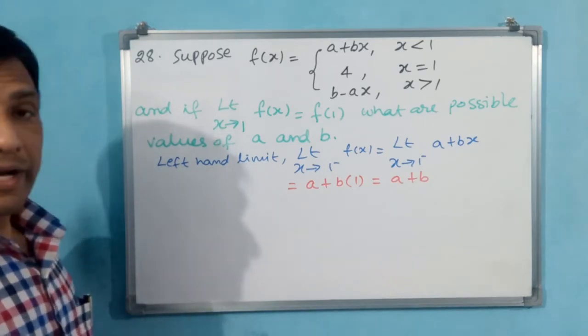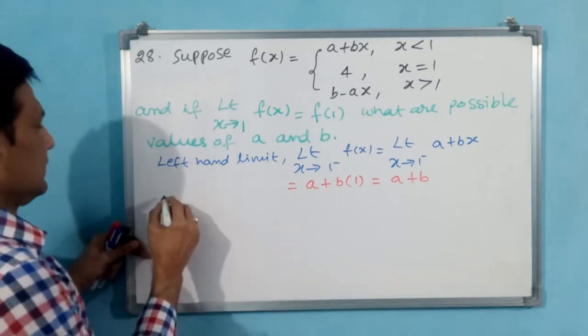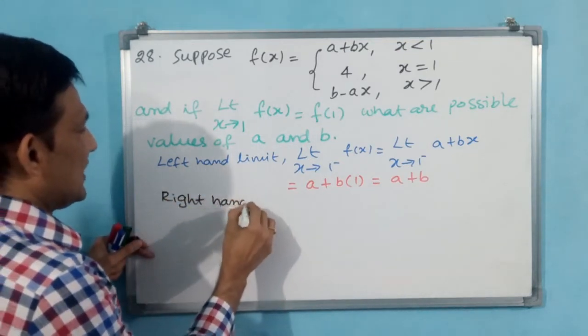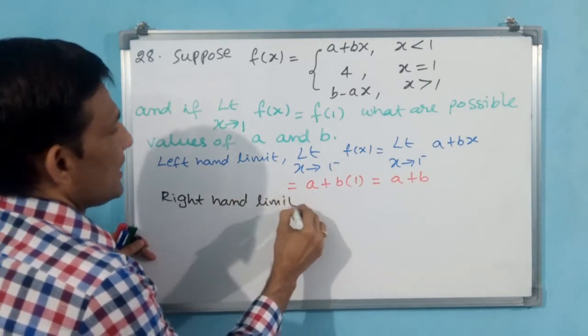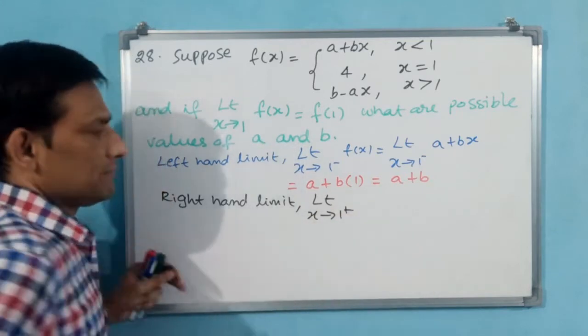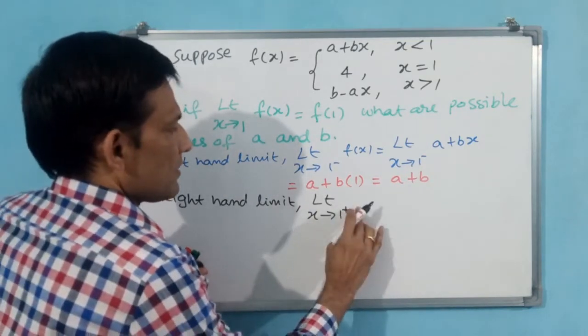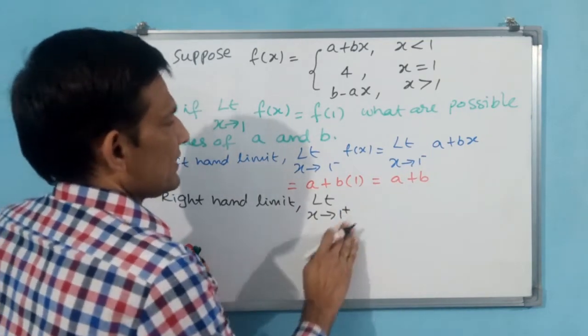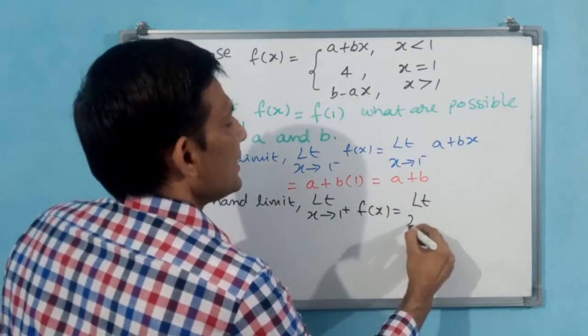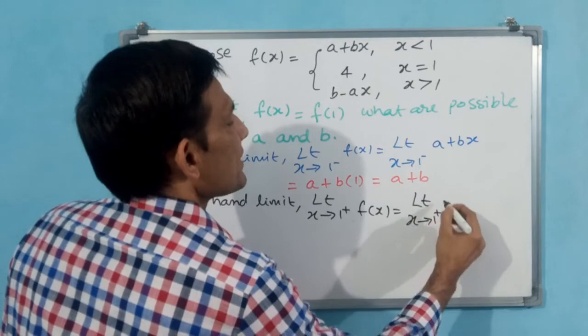Next, right hand limit also you find. Right hand limit, limit x tends to 1 plus f of x is equal to limit x tends to 1 plus.